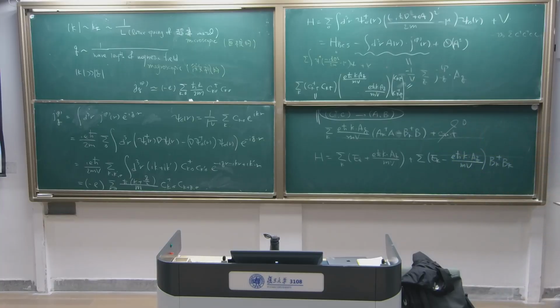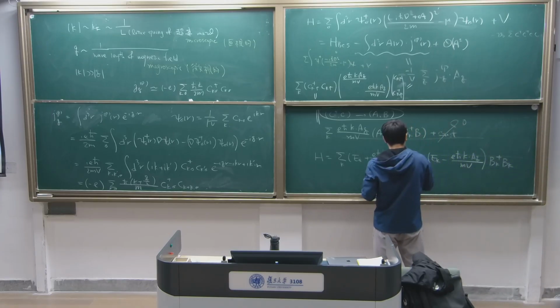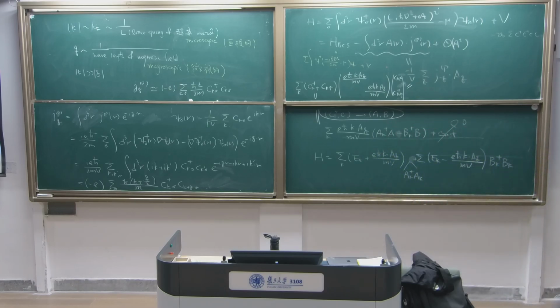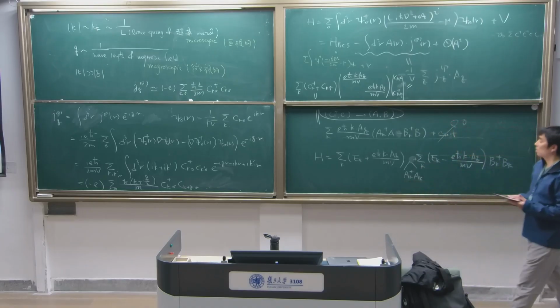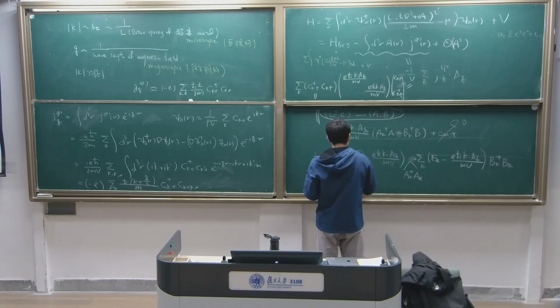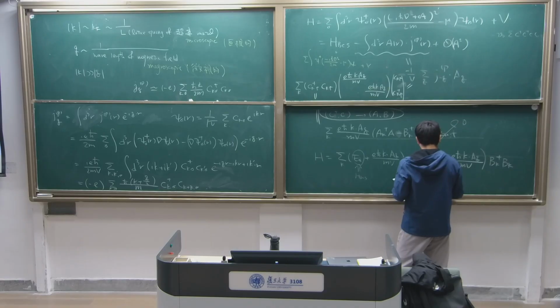So it becomes like, oh, sorry, I didn't use one. So E k, this is coming from H B C and E C N. This is coming from H B C.